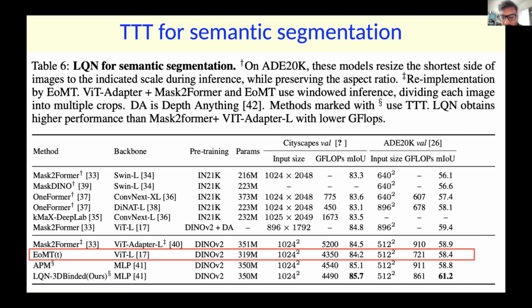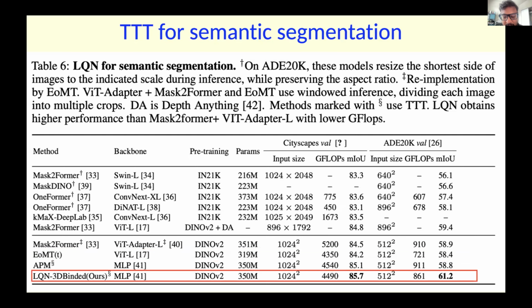But then when we use this teacher to do test time training, we are able to get better results than Mask2Former, and 4490 is still less than 5200. So we are actually incurring less compute cost than what it takes to do a simple inference through the state of the art model. So that takes care of the argument that test time training is slow, because we are consuming less GFLOPs and we are getting better segmentation accuracy than a big transformer based model, even if it does simpler inference.